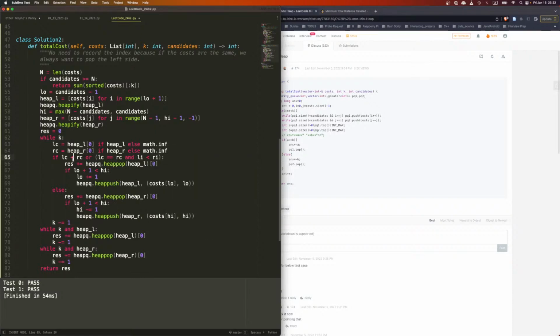If left is smaller than this, then we'll pop this and then push this.